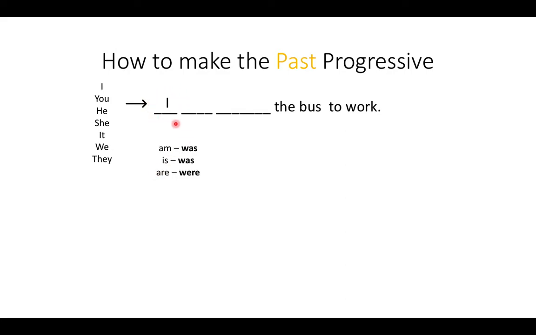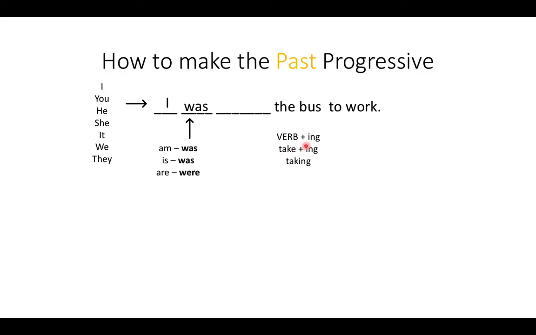So since we used I, we know that we need to use am, but we know that we're making it past. So we need to use was. So then we put was right after who we're talking about. I was. And to make a verb progressive or continuous, to mean that it's an action that's happening, we add ing, right? So the verb we're going to use is take.